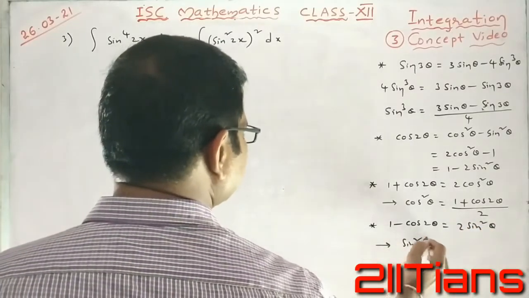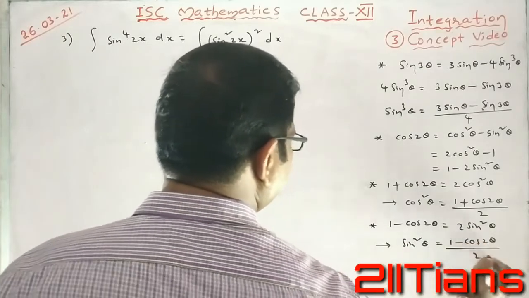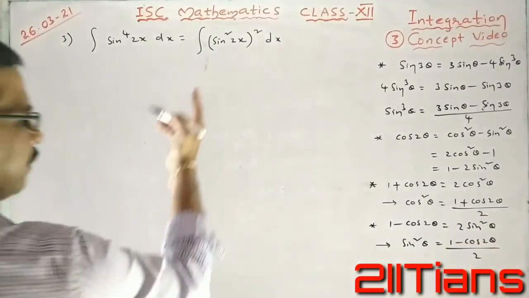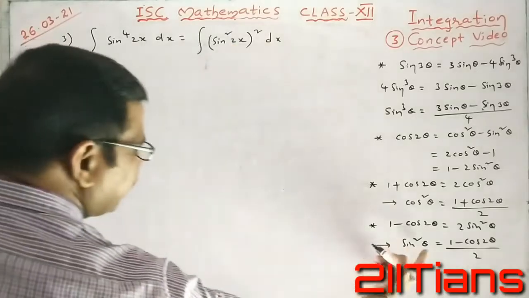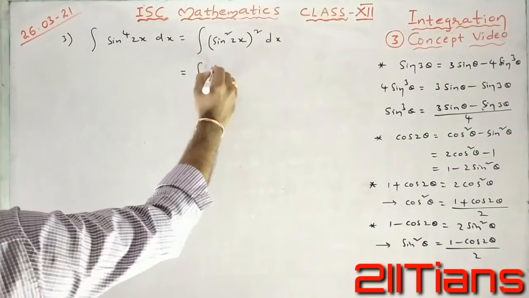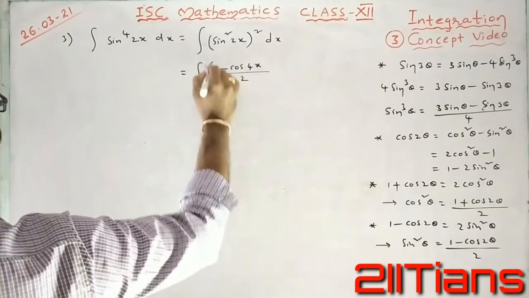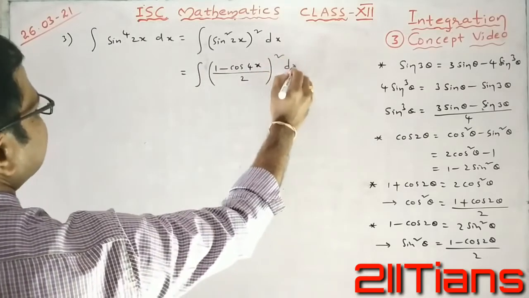That can be sin square theta equal to (1 minus cos 2 theta) by 2. But we have here 2x. So in the place of theta you keep 2 theta. Then we will get (1 minus cos 4x upon 2) whole square dx.